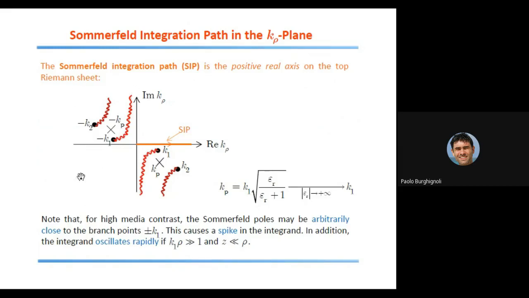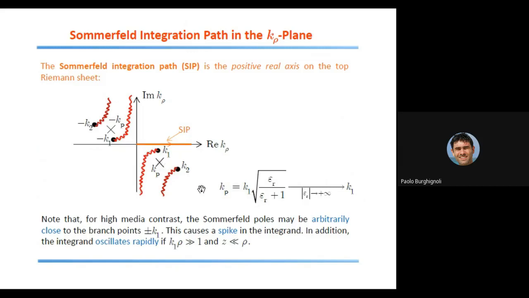What I have represented here is only the top sheet, where the integration path runs, because the integration path goes from 0 to infinity along the real axis of the top sheet, which is also called the proper sheet. Note that here I have, for clarity, drawn the position of the Sommerfeld pole well distinguished from the branch cut and the branch point k1.